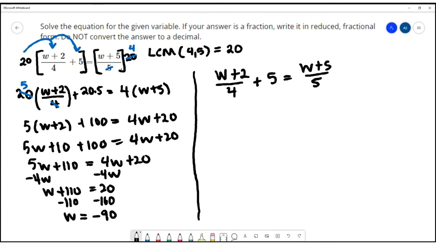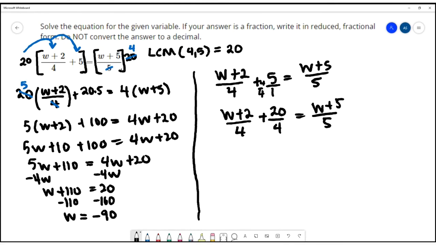When you combine them, they need to have a common denominator. Right now, we have a denominator of 4, and the number 5 is 5 over 1. That common denominator will be 4, so I'll multiply by 4 over 4. This gives w plus 2 over 4 plus 20 over 4 equals w plus 5 over 5.